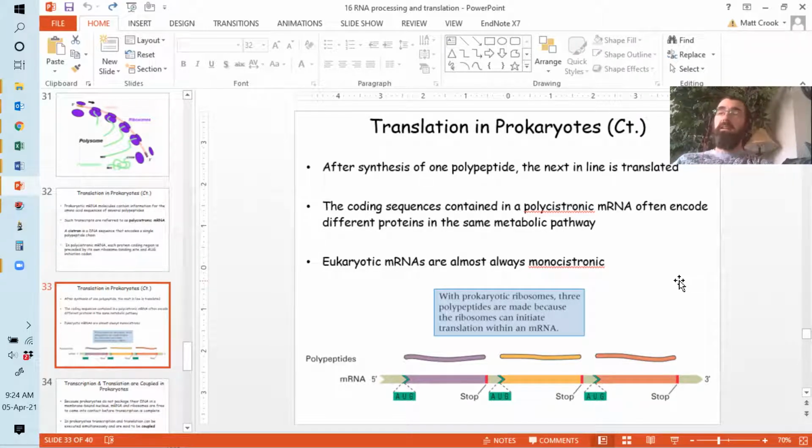So for example, in metabolism, if you need to produce a series of enzymes or transport proteins involved in the metabolism of a particular substrate to produce something else, all of the genes that are involved in that metabolic pathway are grouped together.